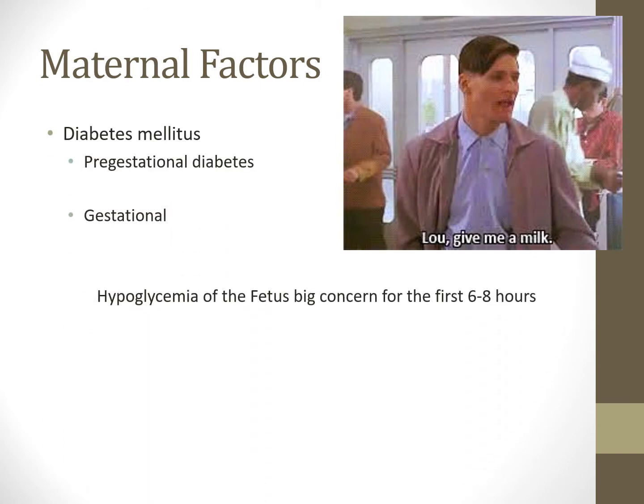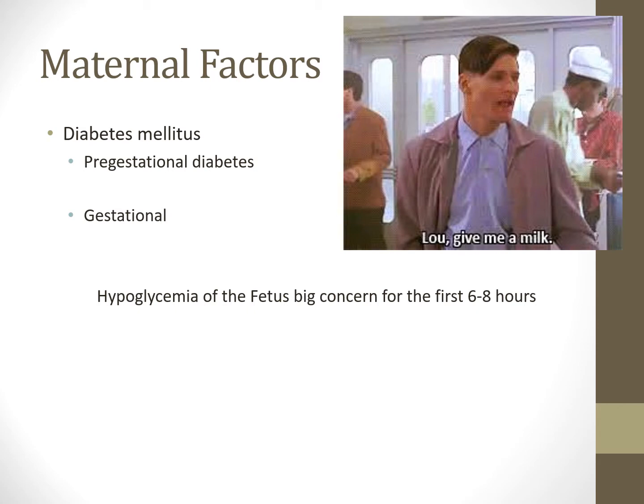Other maternal factors can affect the baby and the delivery and everything that happens afterwards. If the mom has diabetes, pre-gestational or gestational, whether they developed it in pregnancy or had it before, that's one thing you need to pay attention to, even if you don't go to the delivery room. Why?